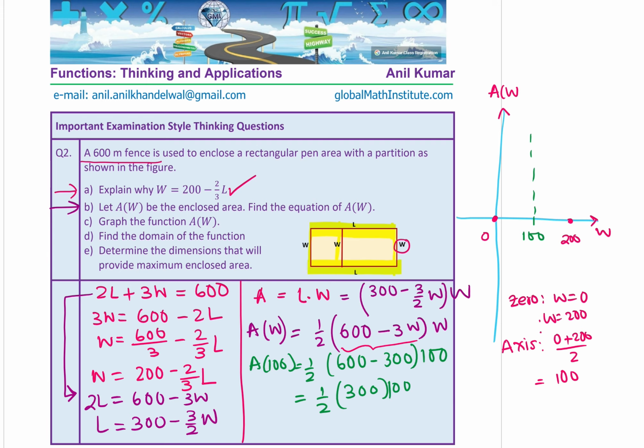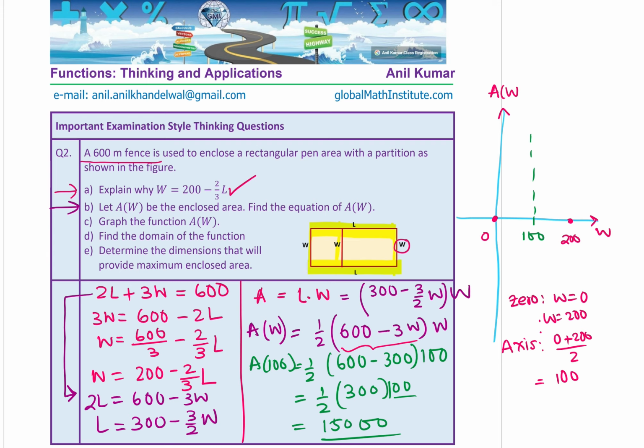Two more zeros. You can calculate the value from here: 600 minus 300, divided by 2. So 300 divided by 2, 30 divided by 2 is 15, so 150 and two more zeros, correct? So we get 150,000 as the maximum value.